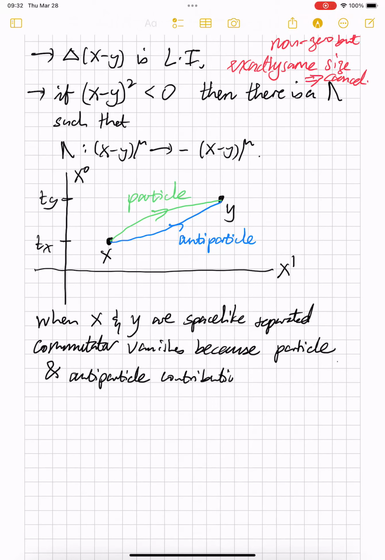They are identical in size, but we take the difference between them. So these two contributions cancel.